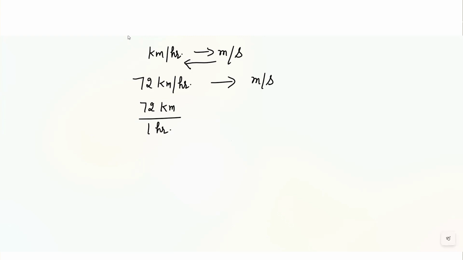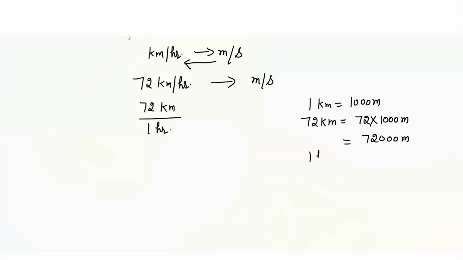That means if I have to convert it into meter per second, I need to convert kilometers into meters, hour into seconds. So we already know 1 kilometer is equals to 1000 meter. That means 72 kilometer is equals to 72 into 1000 meter, which is equals to 72,000 meter.